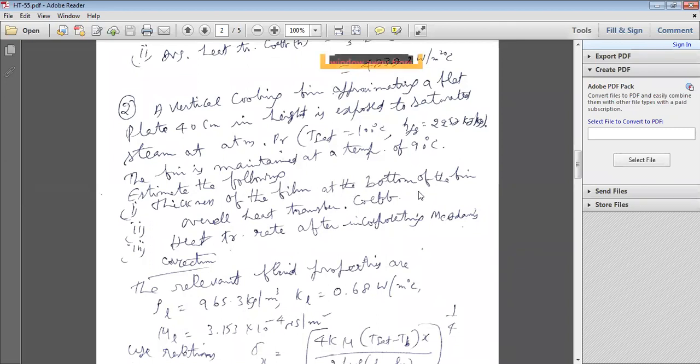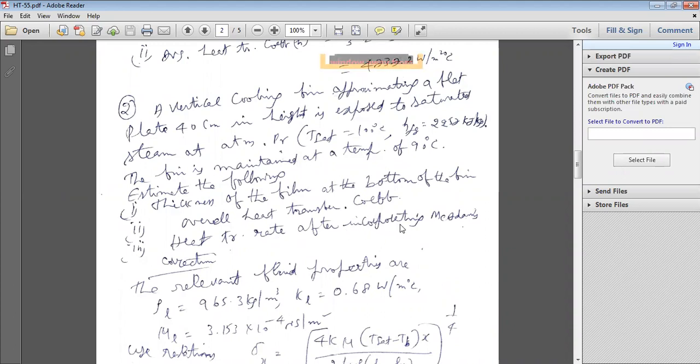Thickness of the film at the bottom of the fin, boundary thickness delta. I gave the formula yesterday. How do you calculate delta? I gave it yesterday. Then the overall heat transfer coefficient, that is the average heat transfer coefficient h bar, and the heat transfer rate after incorporating the McAdams correction. So heat transfer rate Q is equal to h A into (T saturation minus Ts).